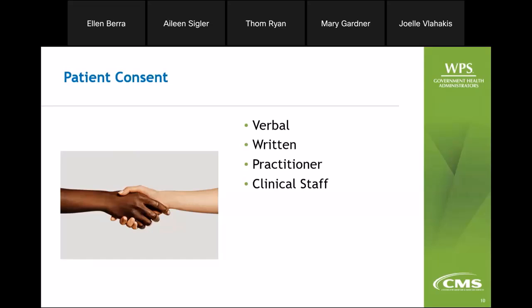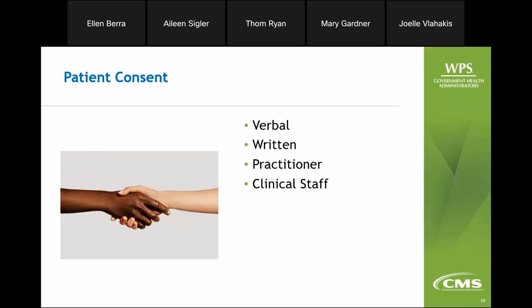Can't we just use that? And the answer to that is no. For this service, because it is a non-face-to-face service, you need to have that patient's consent documented within your medical record, and this would be separate from your administration records.